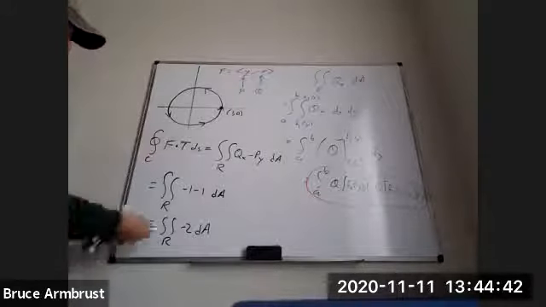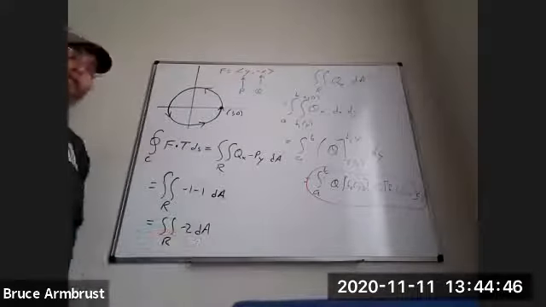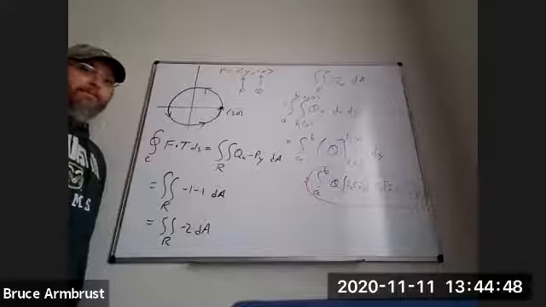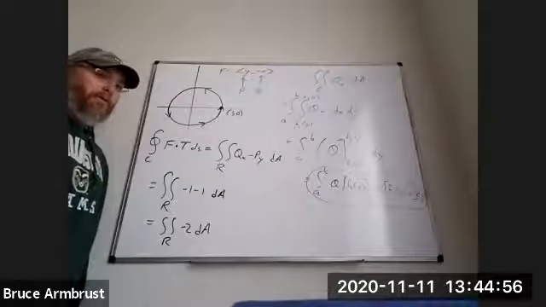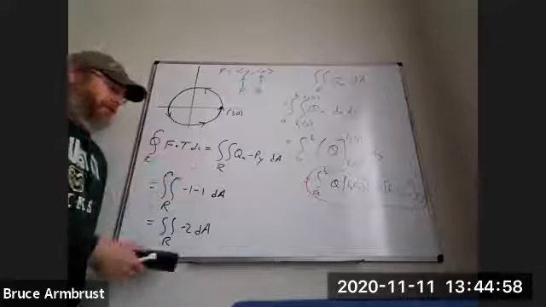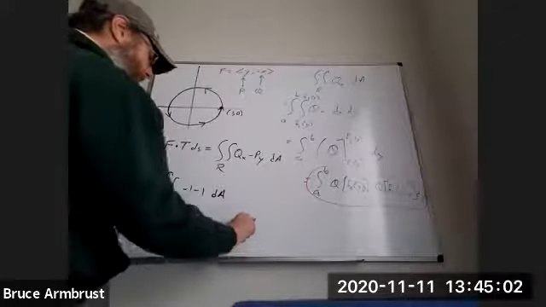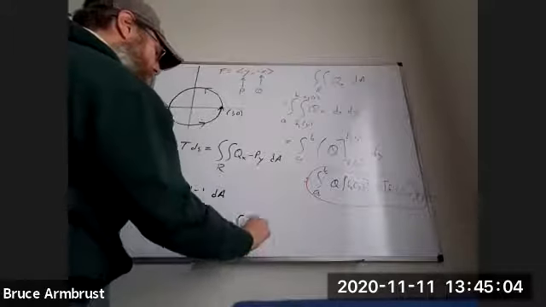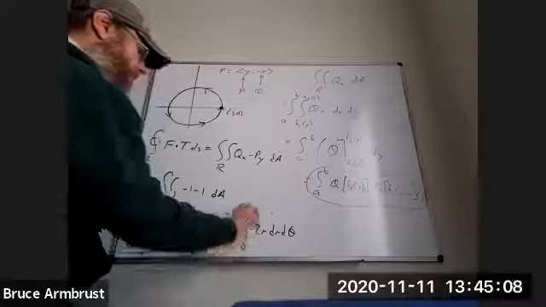Okay, now let's go ahead and calculate this integral. How are you going to want to do this integral? What's it begging for? Show me the polar. Yeah, definitely polar, right? It's a nice circle. So if we were going to set this up in polar, it's going to be the double integral of -2 r dr d theta. The r's go from 0 to 1.